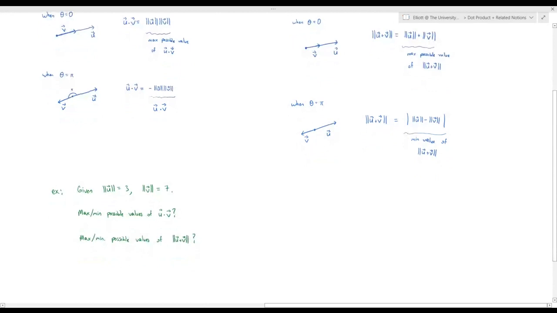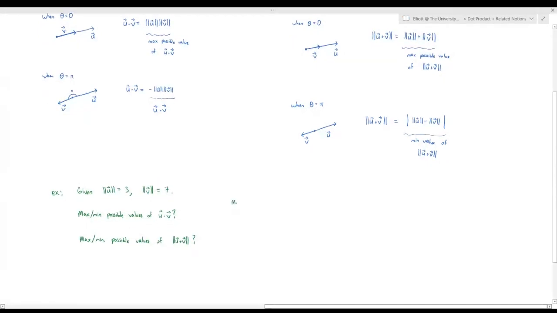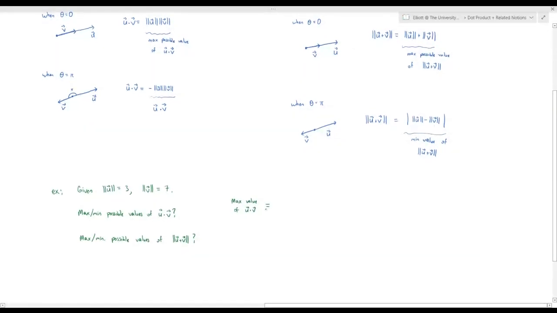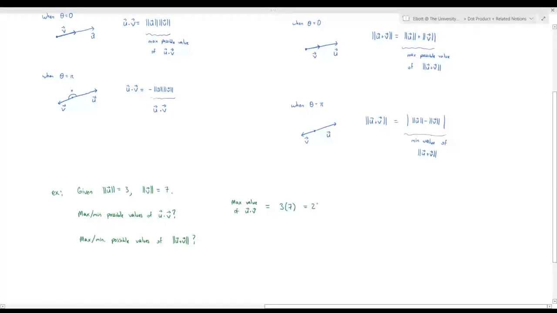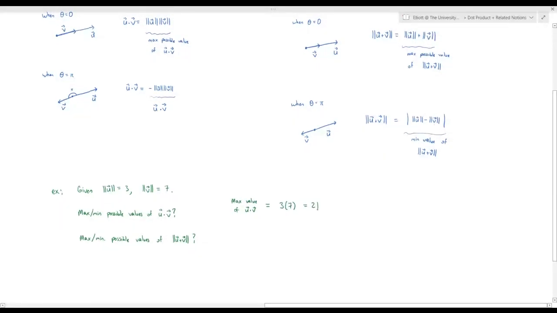So in this case, the max possible value of the dot product would be norm of u times norm of v. So 21 would be the largest possible value that the dot product could be.